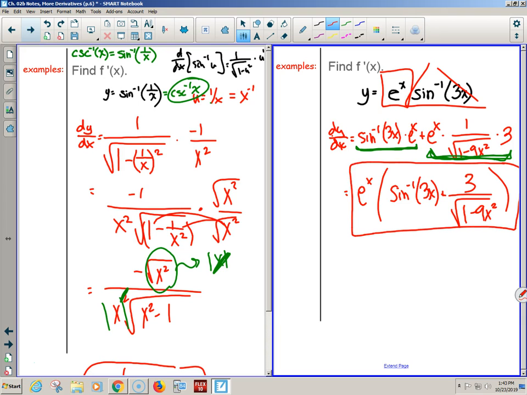No. This is not 1 minus 3x. You can't split it. Stuck. Leave it. If it's multiplication, you can, but it's not. This is not a perfect square. I cannot square root and have anything cancel. No. So that's just as far as you can go.